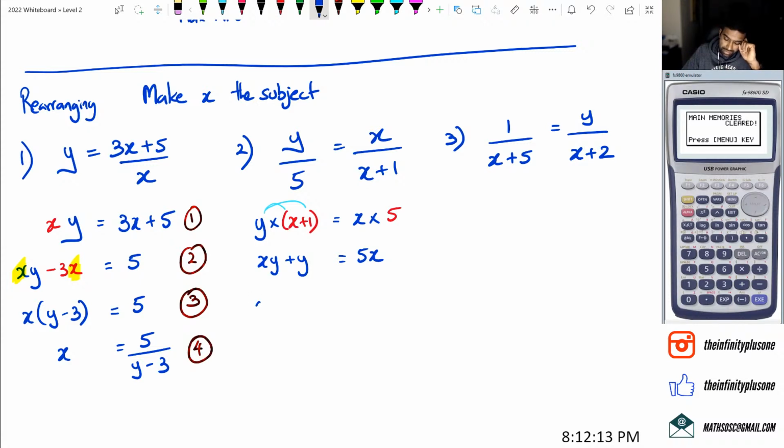So I'm going to write this as xy, this is going to become minus 5x, and the y is going to go on the other side of the equation, which will make it negative y. Now I've got x as a common factor for both of those terms, so I can take out x, and what I'm left with is x(y minus 5) equals negative y. So now I could say that x is equal to negative y divided by y minus 5.